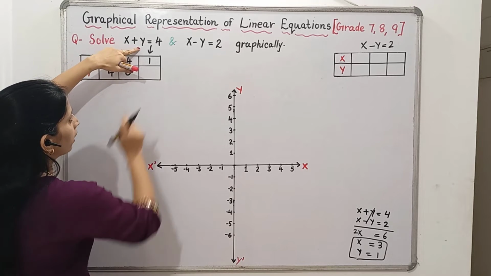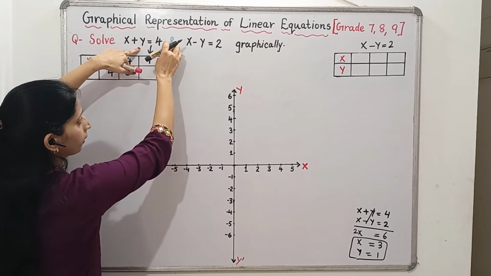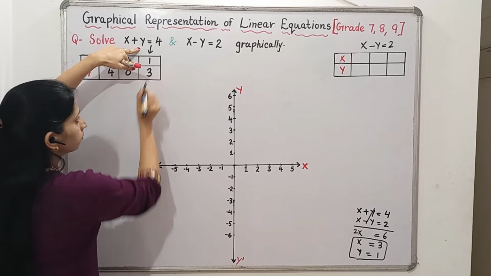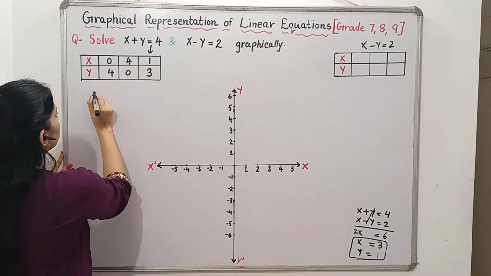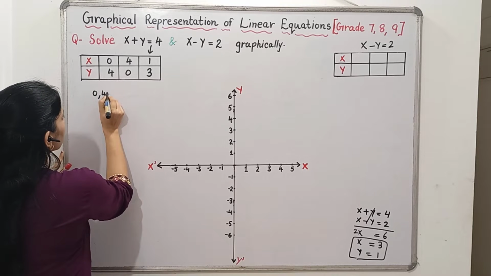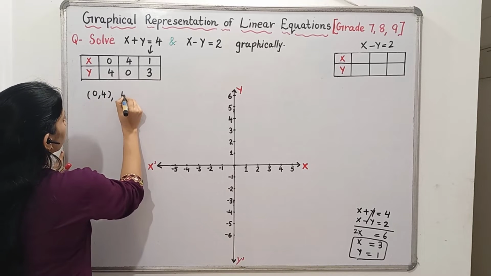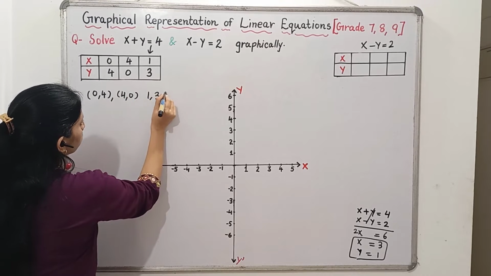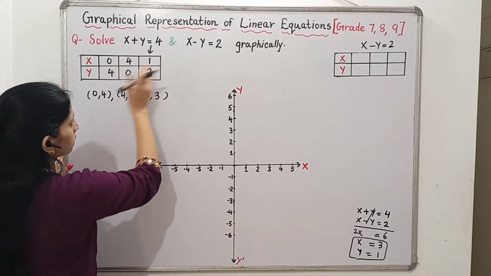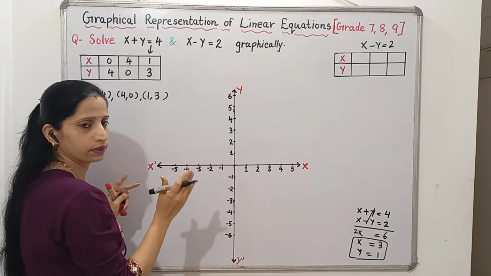Then y will be equal to 4 minus 1, that is 3. This means the points to be plotted will be (0, 4), (4, 0) and (1, 3). For this equation, there can be many more points that we can take.